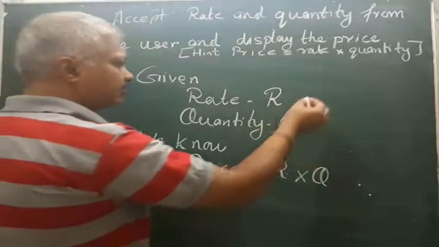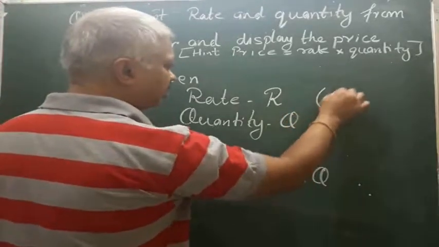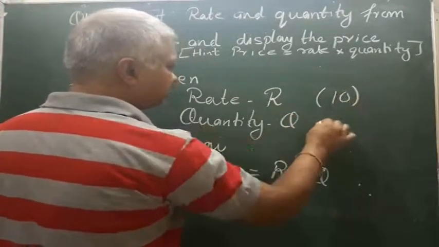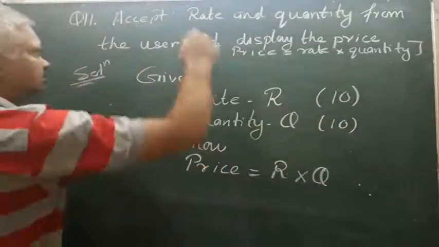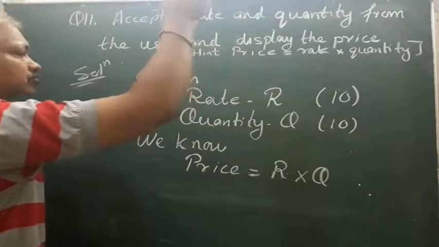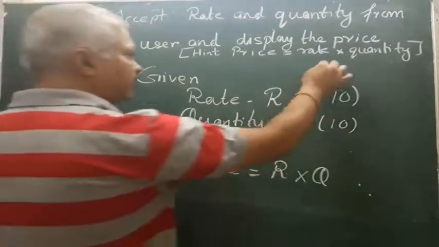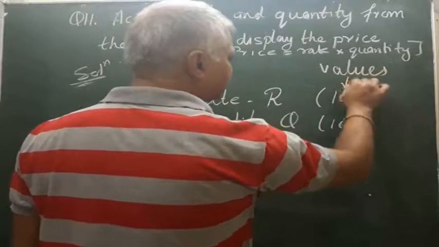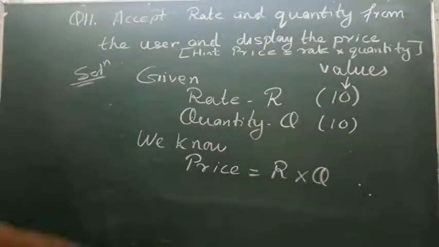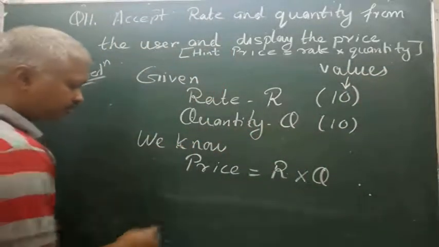Now suppose I have given you the value for r, say this is 10 and this is also 10. These are the values that have been given to you. So what you write?